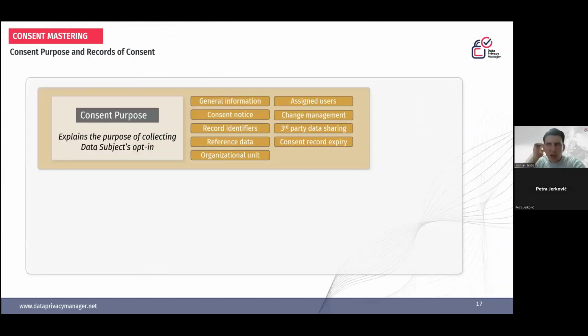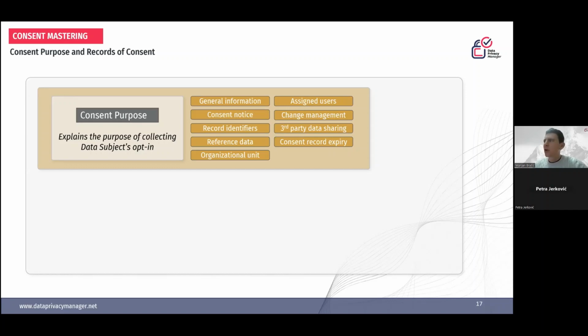The principle is to have the consent purpose with the general information, with managing the consent notice, with managing record identifiers, so patient level identifiers, managing any reference data, so any custom attributes, custom information you want to add to the consent purpose, for example, for reporting purposes, will be in the system.